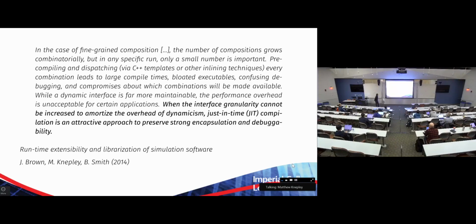Pre-compiling and dispatching every combination leads to large compile times, bloated executables, confusing debugging, and compromises about which combinations will be made available. While a dynamic interface is far more maintainable, the performance overhead is unacceptable for certain applications. When the interface granularity cannot be increased to amortize the overhead of dynamicism, just-in-time compilation is an attractive approach to preserve strong encapsulation and debuggability.